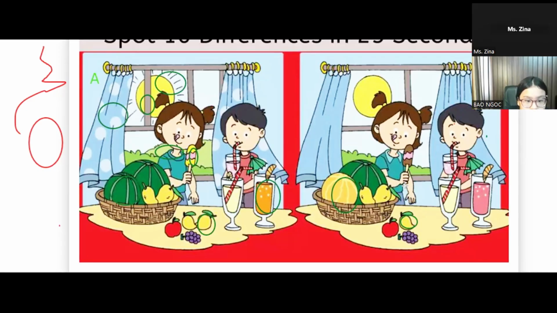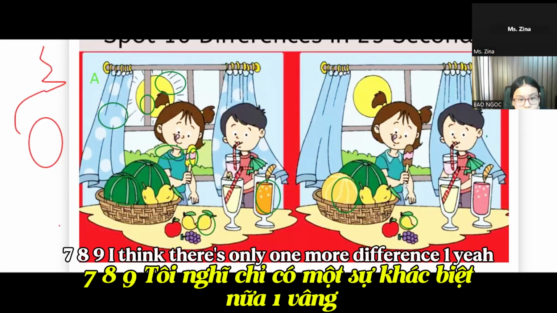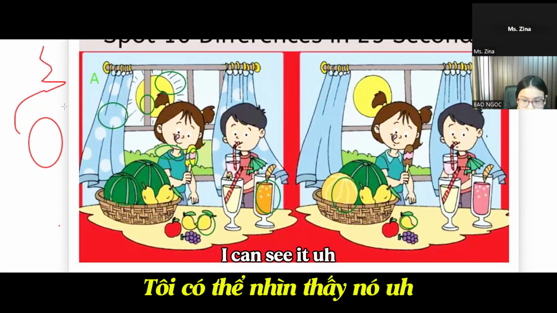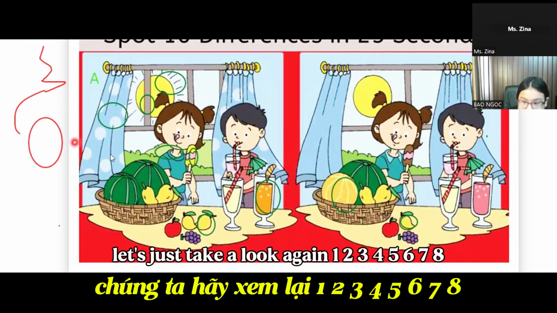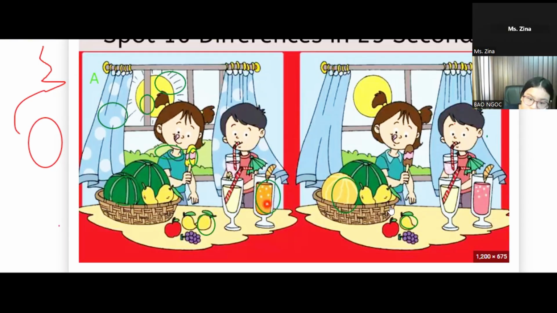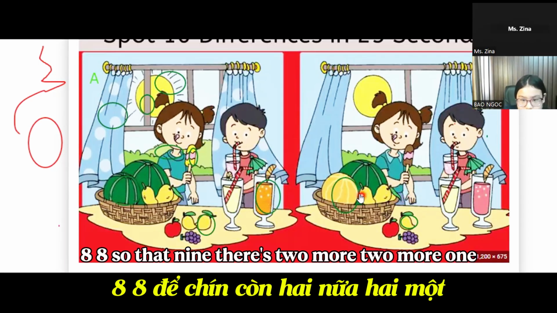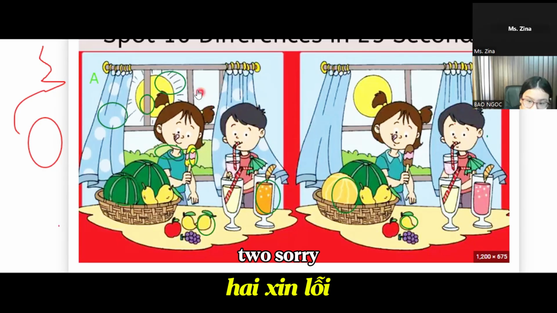1, 2, 3, 4, 5, 6, 7, 8, 9. I think there's only one more difference. Let's just take a look again. 1, 2, 3, 4, 5, 6, 7, 8. So there's 2 more. Sorry, I'm trying to count again.